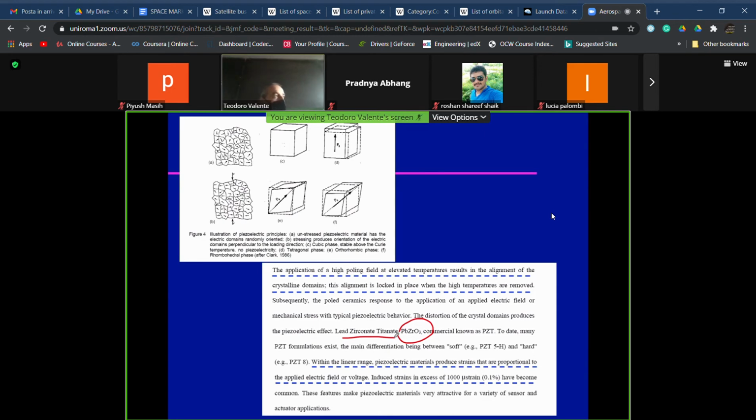Because obviously, if we are talking about polymeric materials, we do not have problems of brittle behavior as we have in the class of ceramic materials.